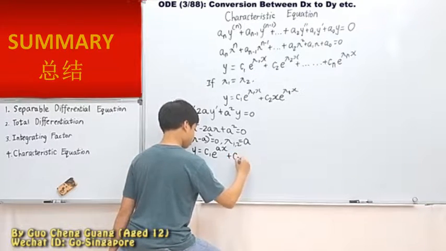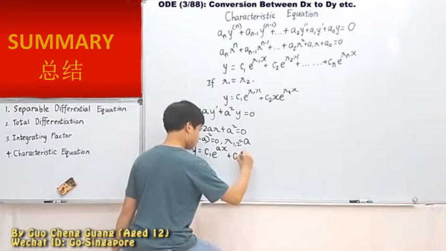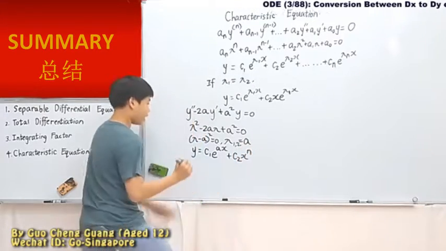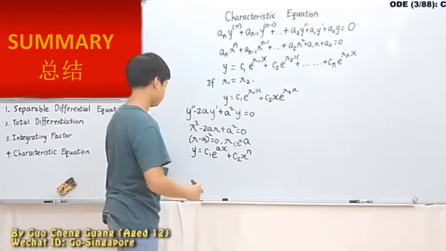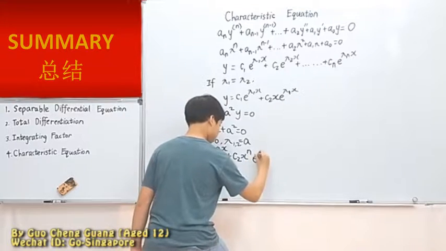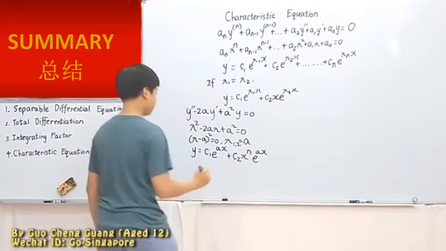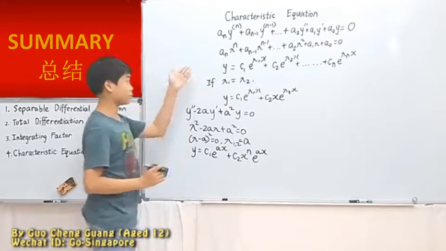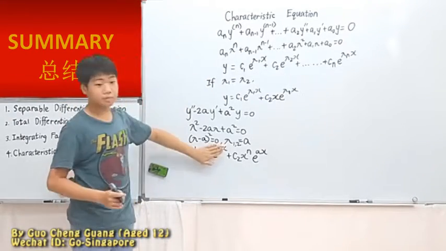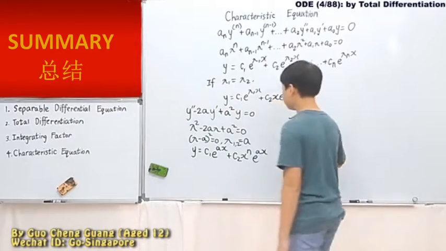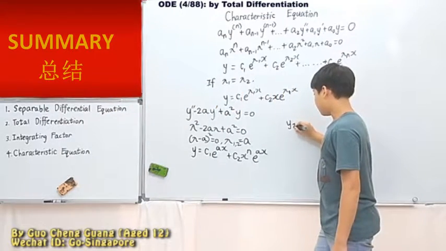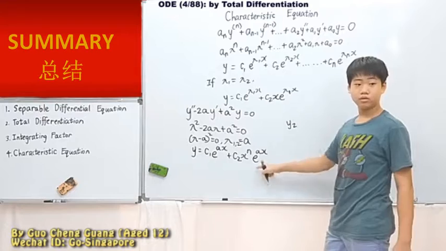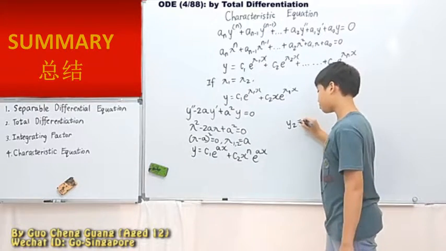Next, c2, but this part we are not sure, so we just let it be x to the power of n, then e to the power of ax. This first part, we're already very sure that it is right over here, so we don't need to consider that anymore. But from here, we just let it be, let's just say, for example, y2.